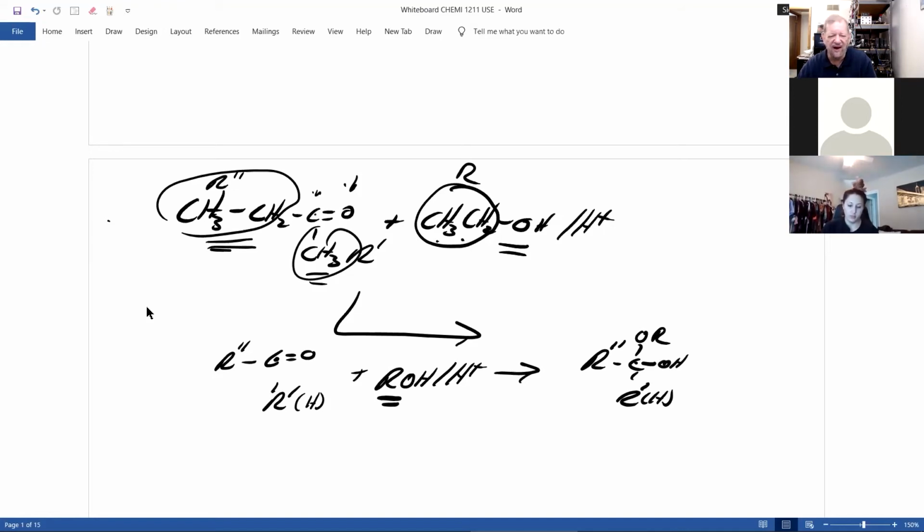So keep your eye on the carbonyl carbon, what's attached to it, R prime, R double prime. This hydroxyl group, this oxygen, then R. The carbon with the hydroxyl group is the carbon attached to the oxygen there. And that's the molecule you get.